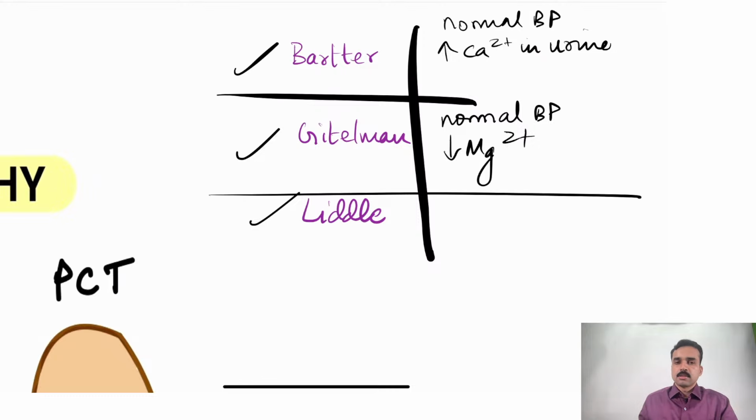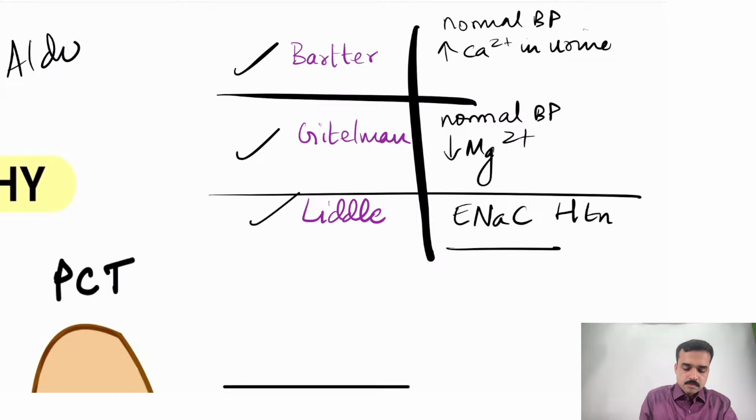This is very similar to thiazide diuretic effect, and Liddle syndrome is basically a gain in function of the ENaC channels, and that is why the patients will end up having hypertension, a cause of secondary hypertension. Along with that, they will also have metabolic alkalosis. Okay, remember, aldosterone loves alkalosis.